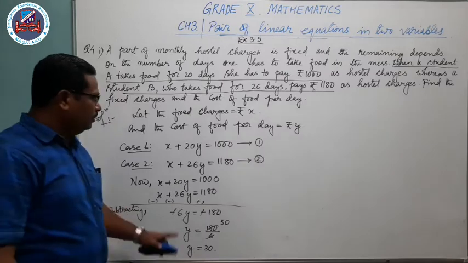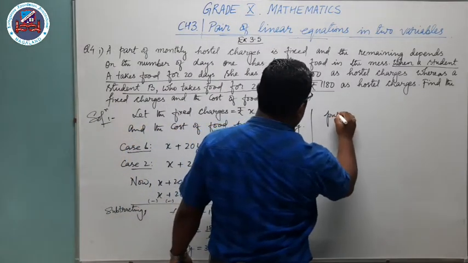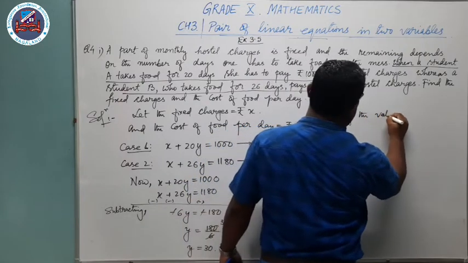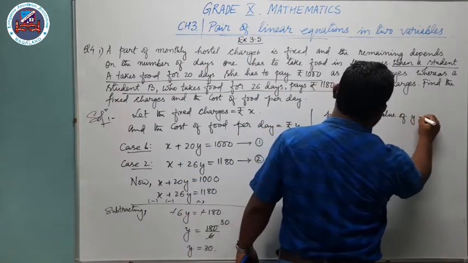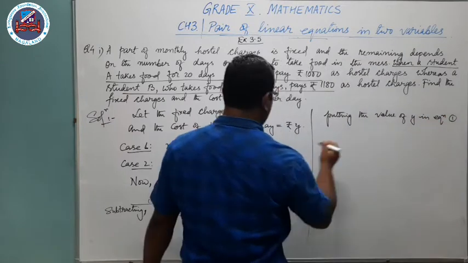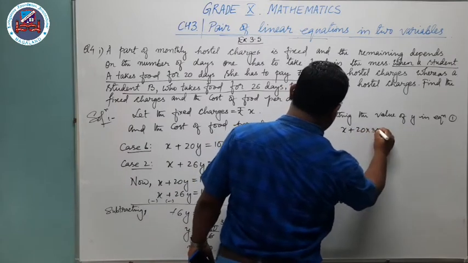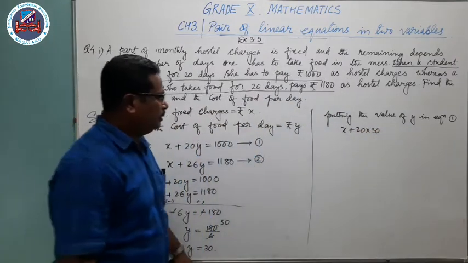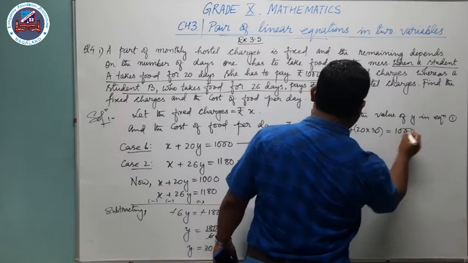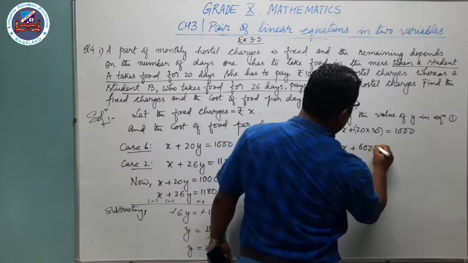And then put the value of y in equation 1. Equation 1 is x plus 20y. y we got 30. The y value is 30. That is equal to 1000. x plus 3 2s are 6, 600.